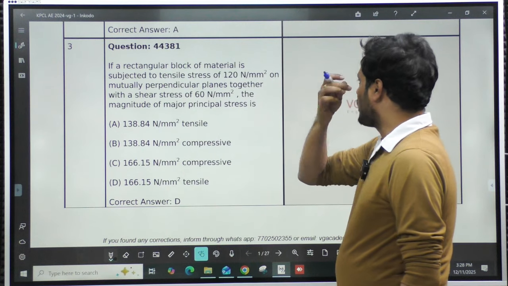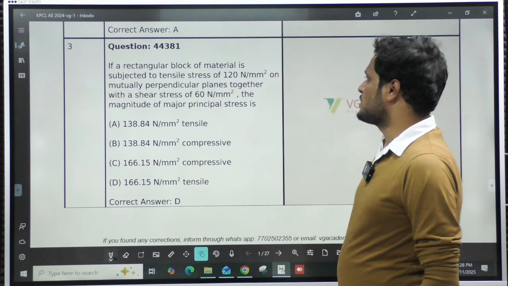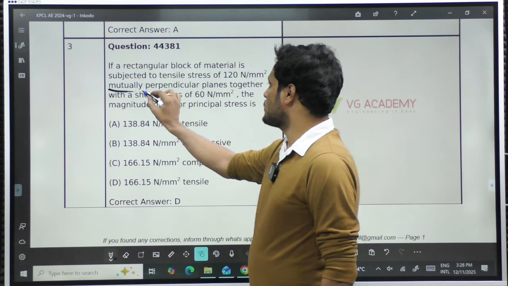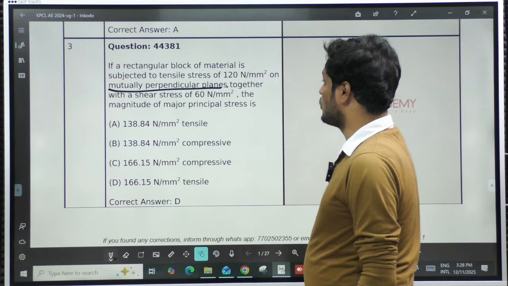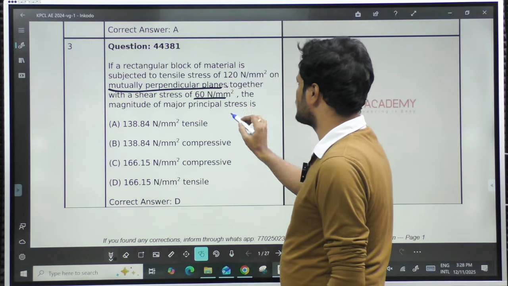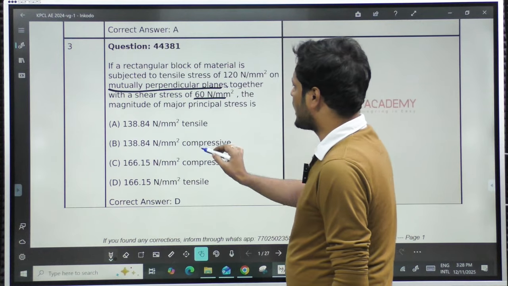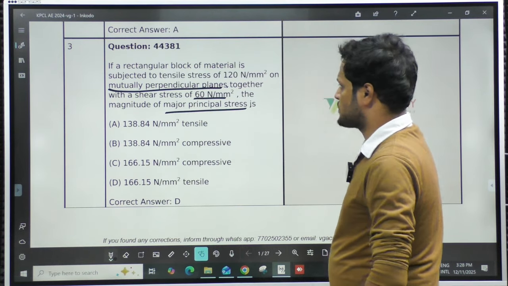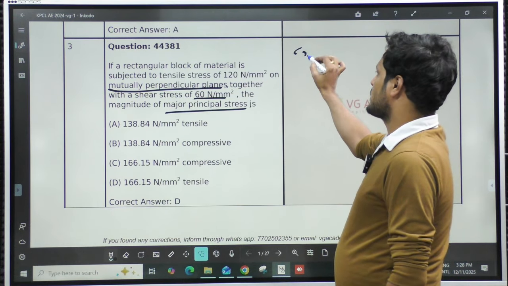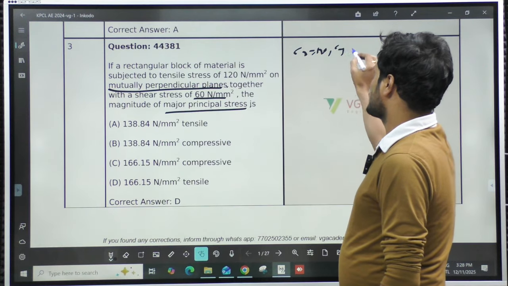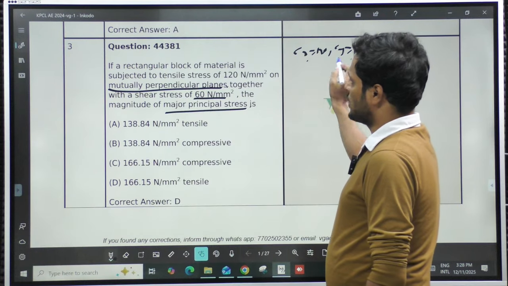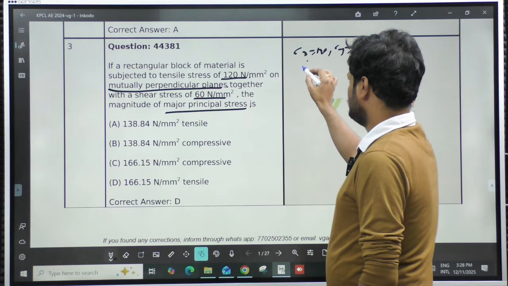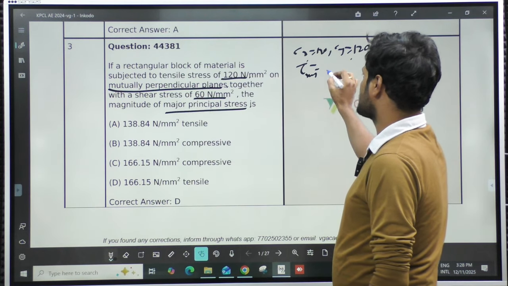If a rectangular block of material is subjected to tensile stress of 120 on mutually perpendicular planes together with a shear stress of 60 Newton per mm square, the magnitude of principal stress will be? Given sigma x is 120, sigma y also 120 because of mutually perpendicular planes, and a shear of 60.